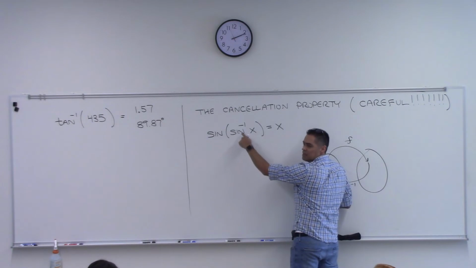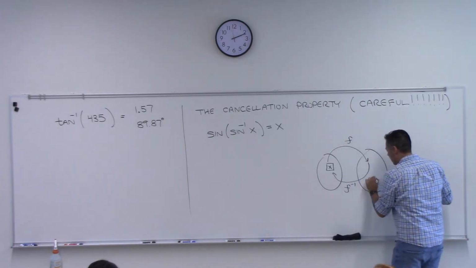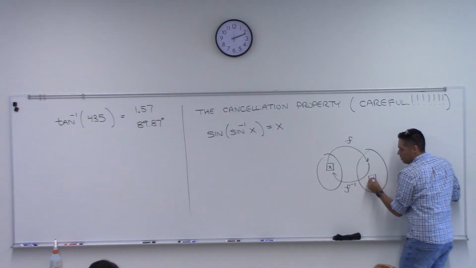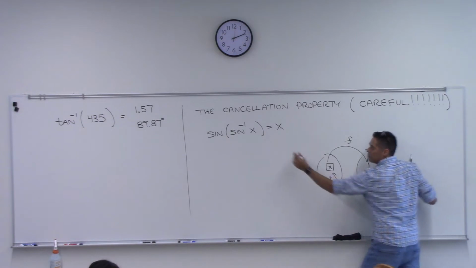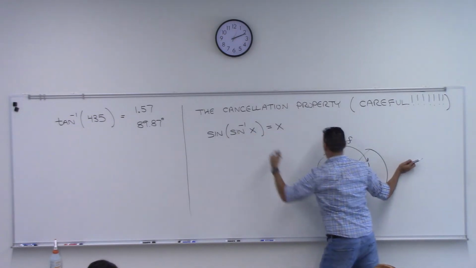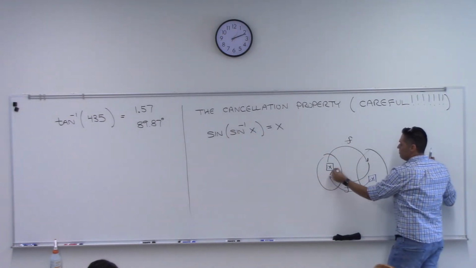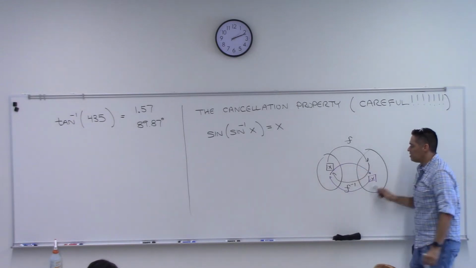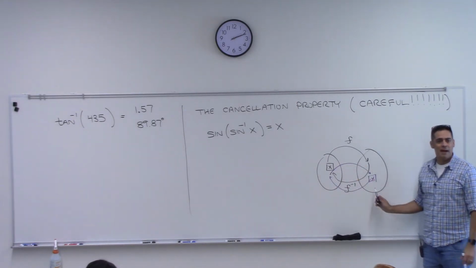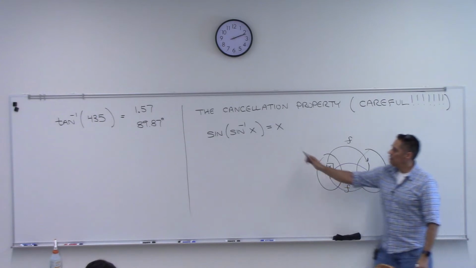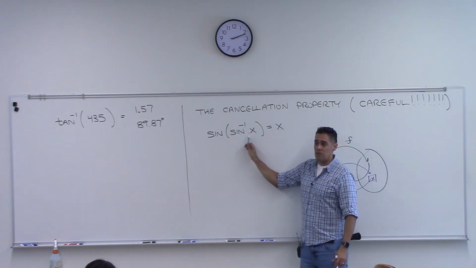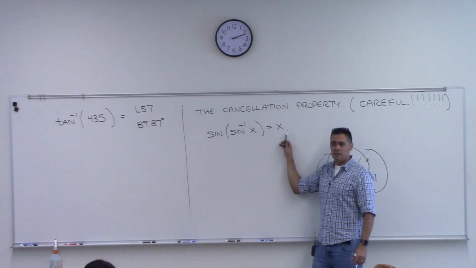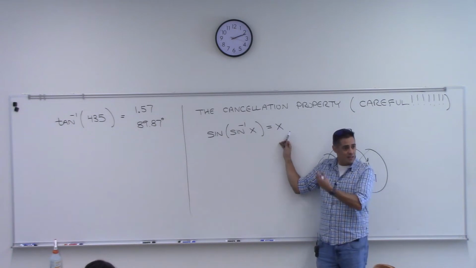X first goes into the inverse function, the inverse sine, and then whatever that answer is, it gets sent back through the sine. Does it seem reasonable that going through that loop, it should come back as x? X goes into the inverse, then through the regular function, and comes out unchanged. Does that seem reasonable to you?